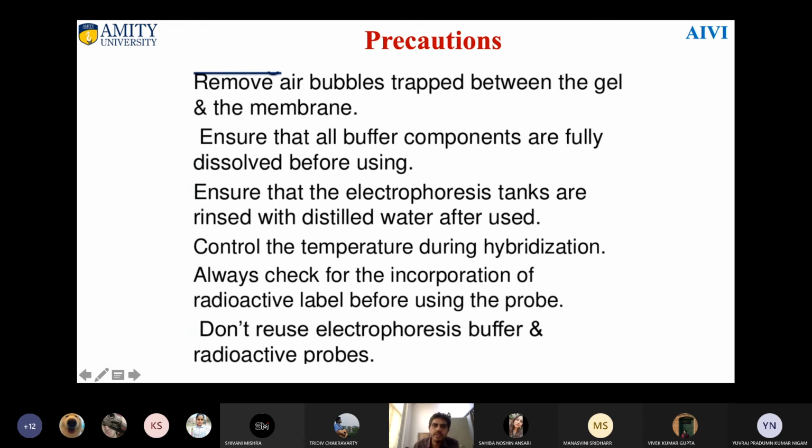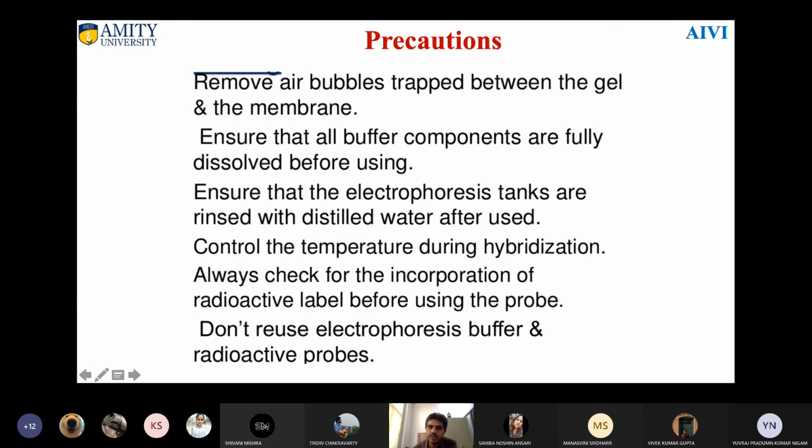The electrophoresis tank should be rinsed with distilled water after use, because if any previous residue is there, then that leads to degradation or contamination of your sample. Control temperature during hybridization, because the gel can melt if you go for a very high temperature.